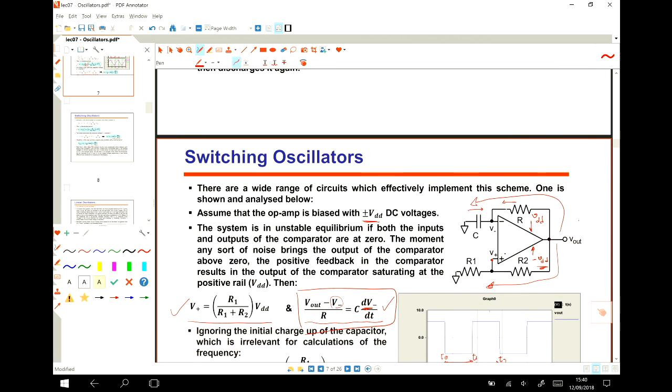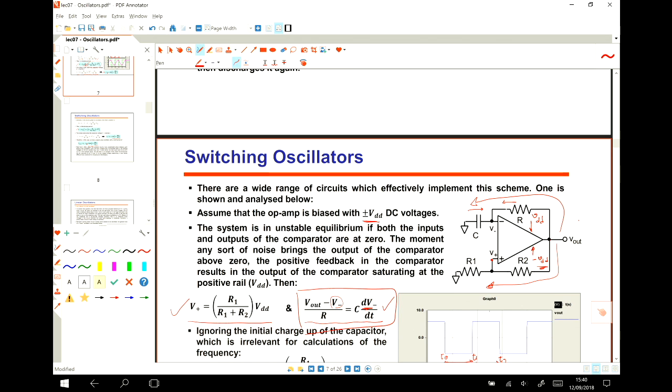I think you had this circuit before. You should remember this. No, not in this unit. Previously.